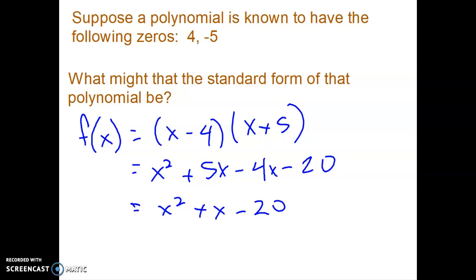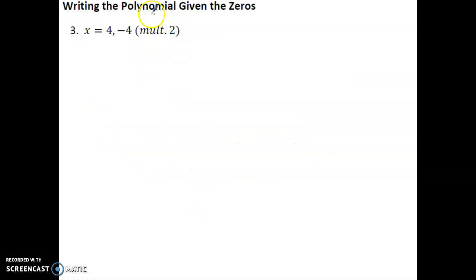So the difference with what we're going to do today is that this time you'll see in parentheses a little MULT. Well, what that stands for is multiplicity. So what that means is this particular polynomial has 3 zeros. 4 is one of them, and then -4 is a zero twice. So let's do that in your notes.